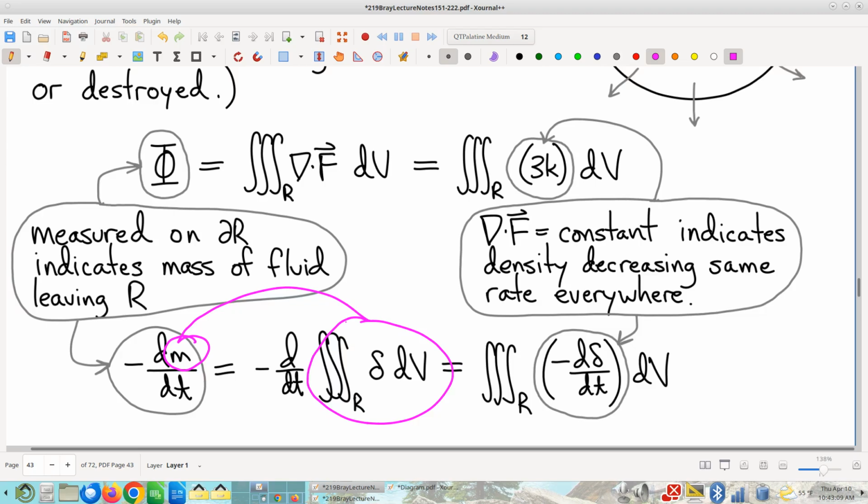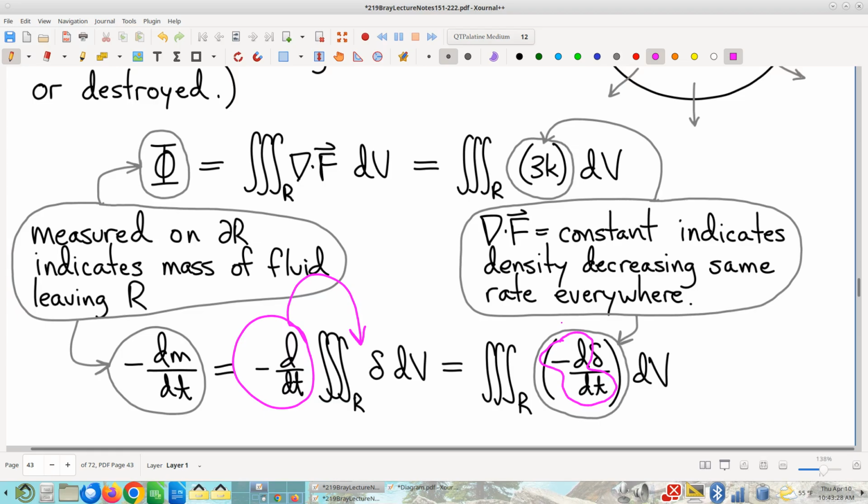We already knew that, right? And by the way, hopefully you would also buy that I can move that time derivative inside the integral, like so.